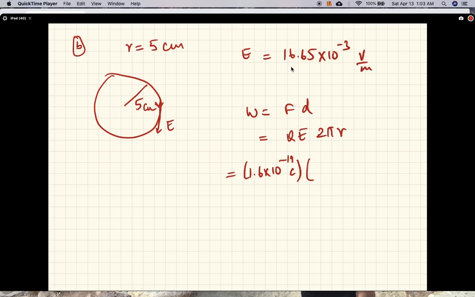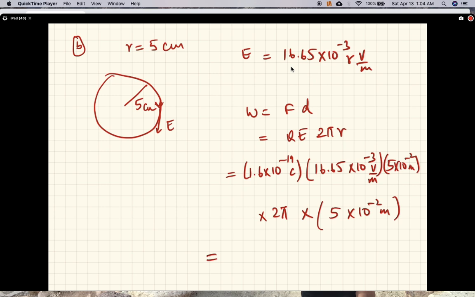And the charge of a proton is that many coulombs. The electric field is 16.65 times 10 to the minus 3 times r, and r is 5 centimeters, 5 times 10 to the minus 2 meters, volt per meter, into 2 pi into 5 times 10 to the minus 2 meters.